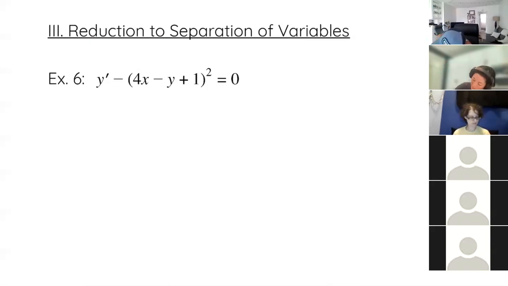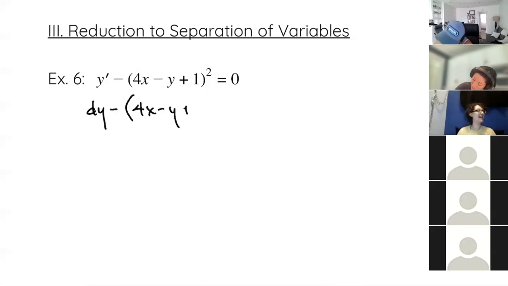And if I did that, I would get dy minus (4x minus y plus 1) squared dx equals 0. And from inspection, by looking at that, I bet we can tell it's going to be pretty hard to get the x's and y's to be separate.